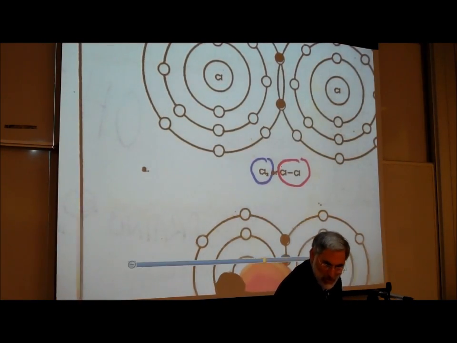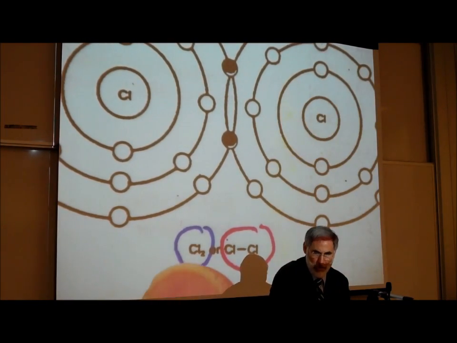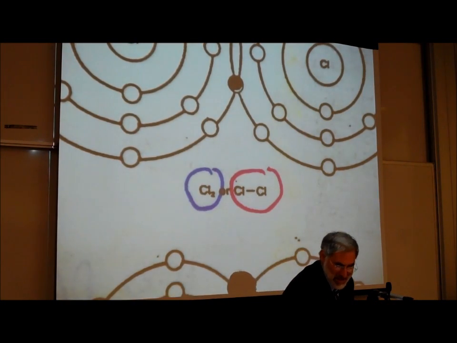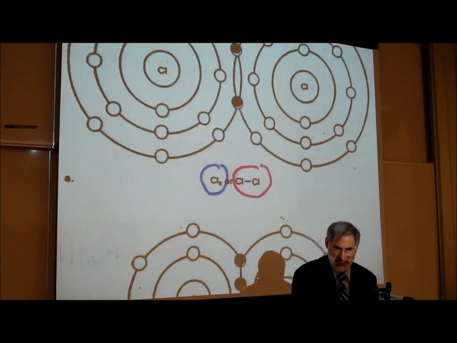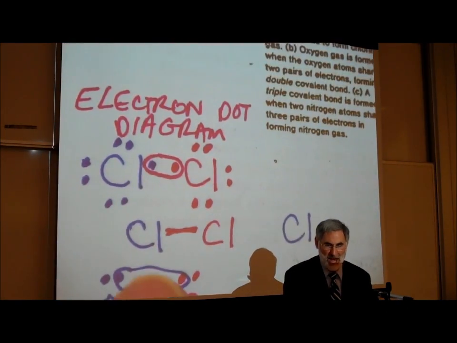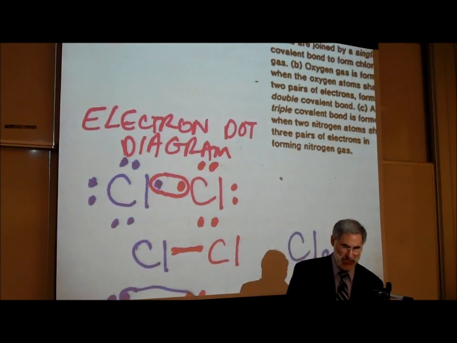It may be written small, but that's actually what it shows right below the actual pictures of the chlorines, showing them sharing their electrons with each other. It says Cl2 or Cl-Cl. All right, so it all means the same thing. So I've given you an example right now of 2 chlorines, each sharing 1 electron with the other.